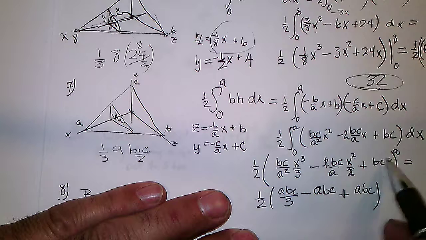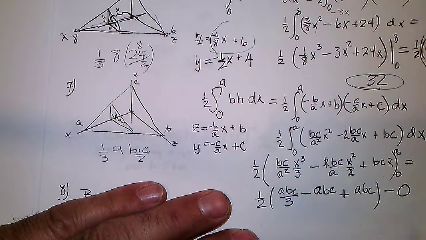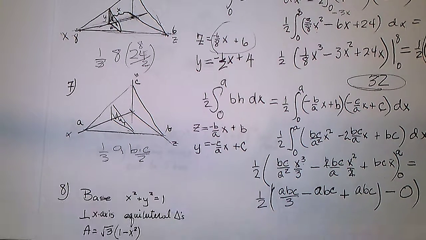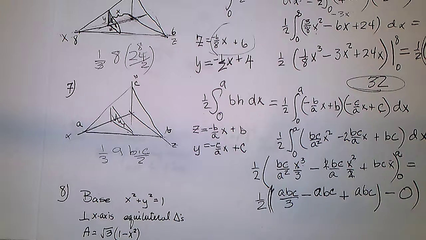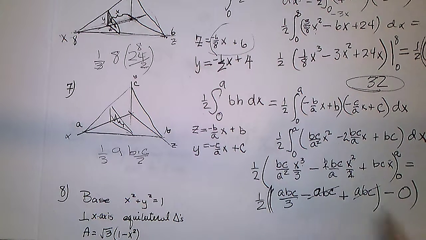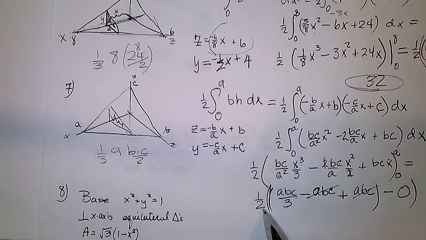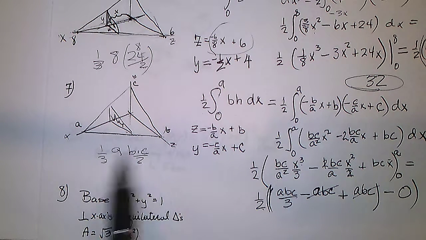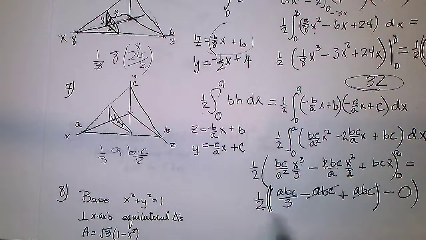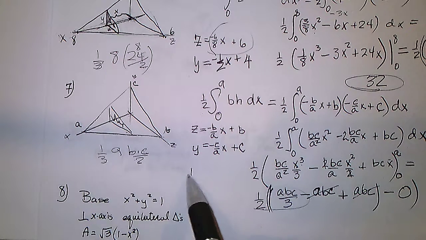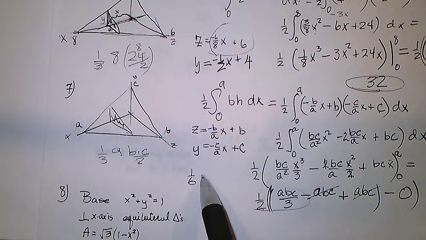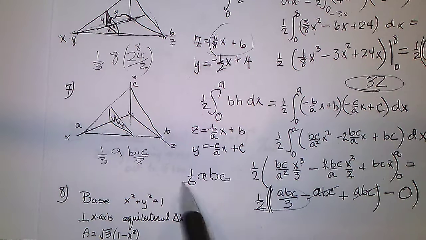And when I put 0 into all these, I get 0. So that and that cancel, and I get abc over 3 times a half. Same thing, 1/6 abc.